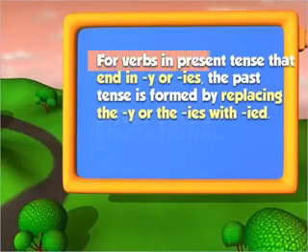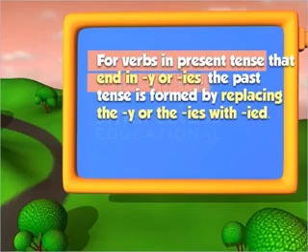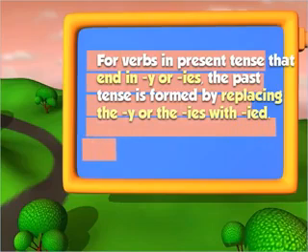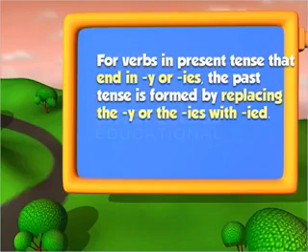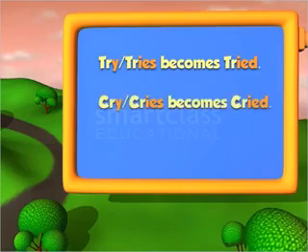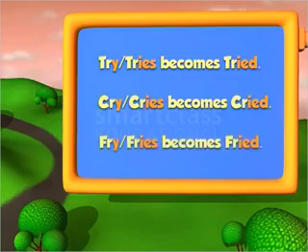For verbs in present tense that end in Y or IES, the past tense is formed by replacing the Y or the IES with IED. For example, try or tries becomes tried. Cry or cries becomes cried. Fry or fries becomes fried.